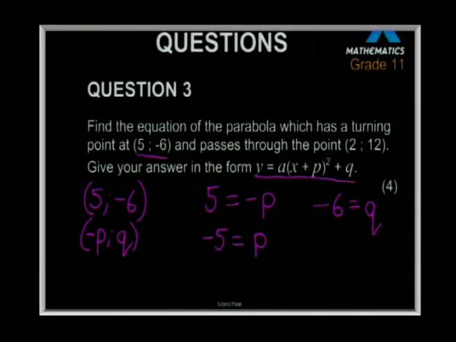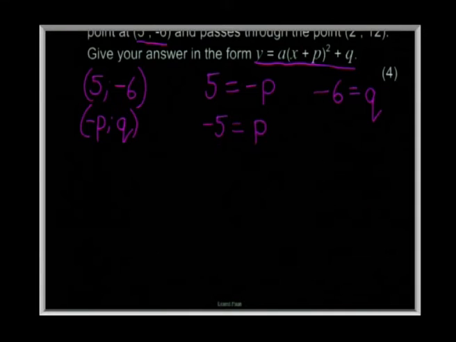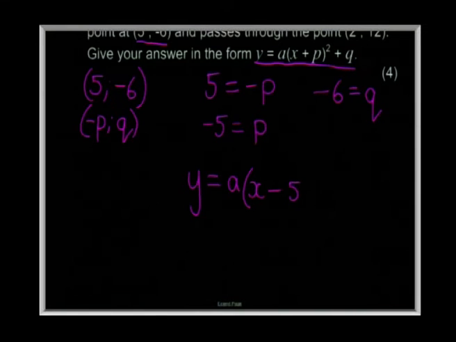Y is equal to a(x plus p) squared plus q. Let's put in our p values and our q values. So y is equal to a(x plus negative 5), making it minus 5, squared minus 6.